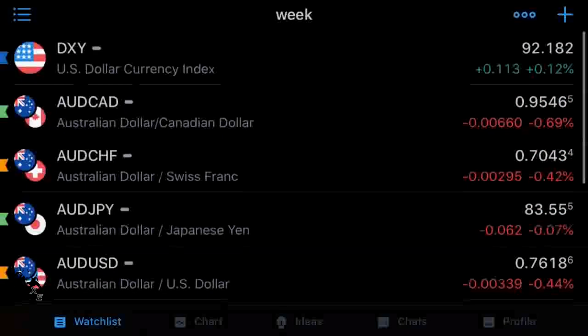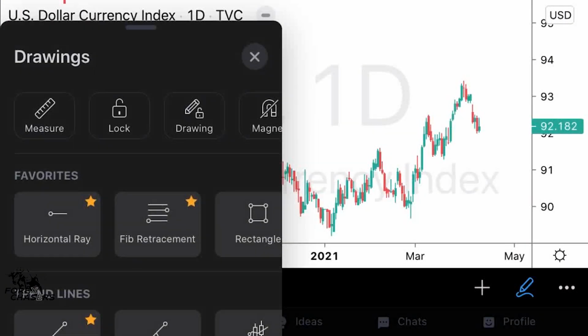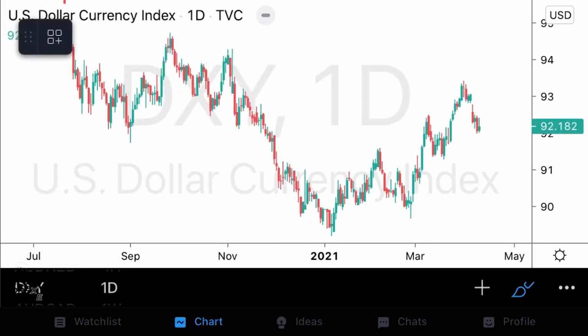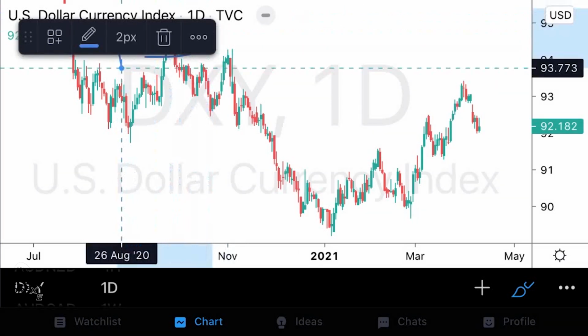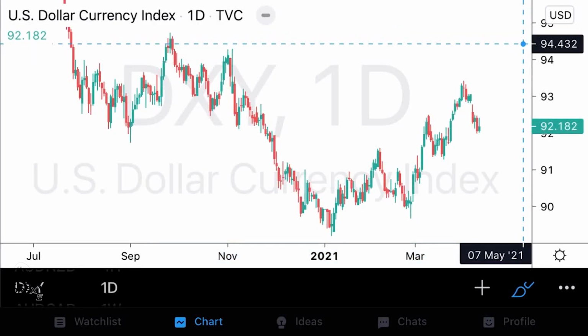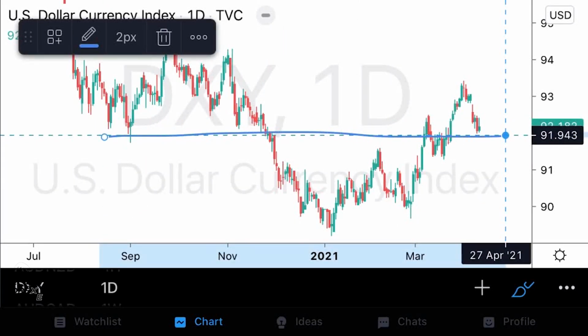So to kick things off, guys, starting off on the daily, what we can see here on the DXY chart is that we are at a pretty weird area. From a higher time frame perspective, we do know that these are some resistance areas up the top over there, some monthly swing resistance areas, and these are some monthly swing lows that price has violated to the downside and has broken back above.